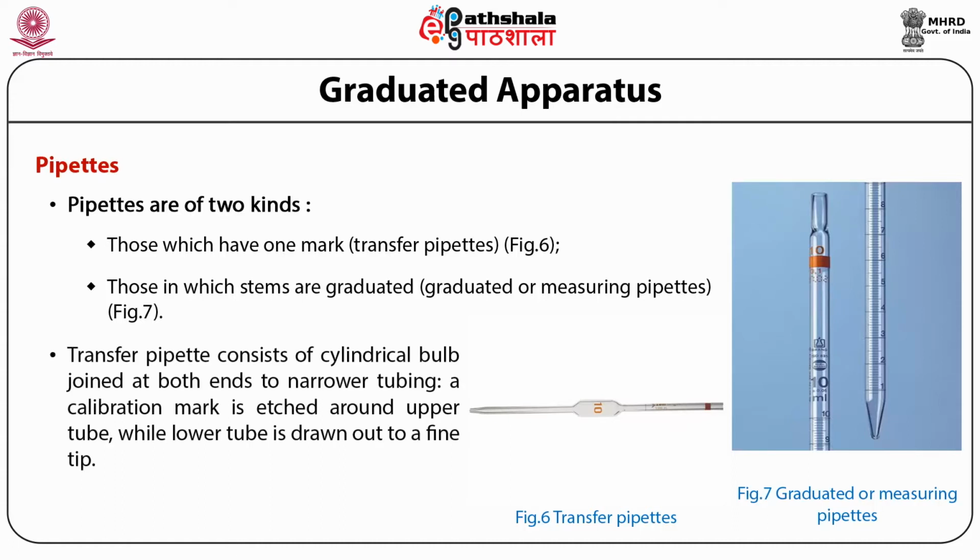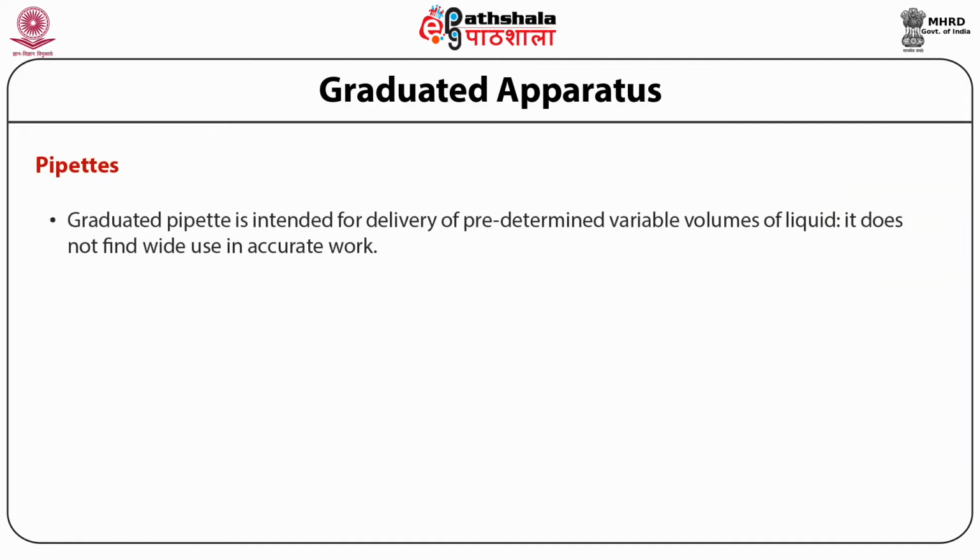The transfer pipette consists of a cylindrical bulb joined at both ends to narrow tubing. A calibration mark is etched around the upper tube while the lower tube is drawn out to a fine tip. The graduated or measuring pipette is usually intended for the delivery of predetermined variable volumes of liquid.